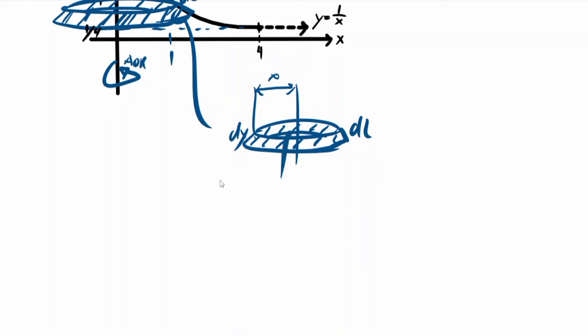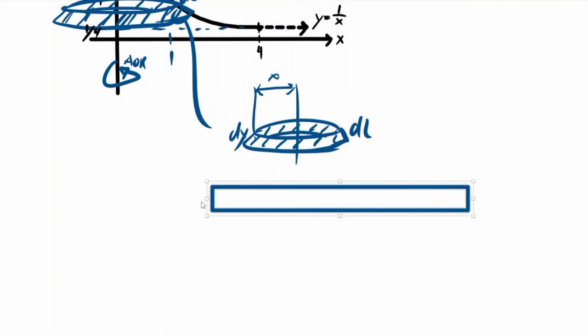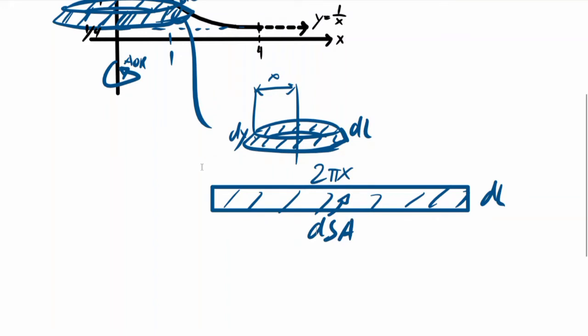So if we cut this off just like earlier, it will result in a rectangular strip of 2 pi x dl, and the shaded area is our differential surface area.